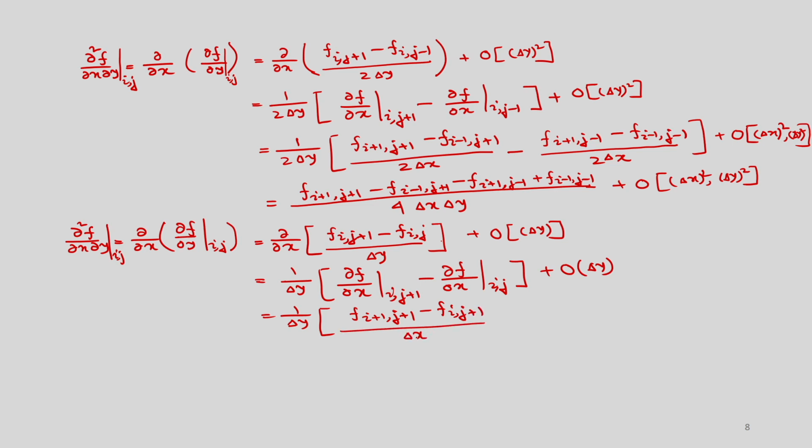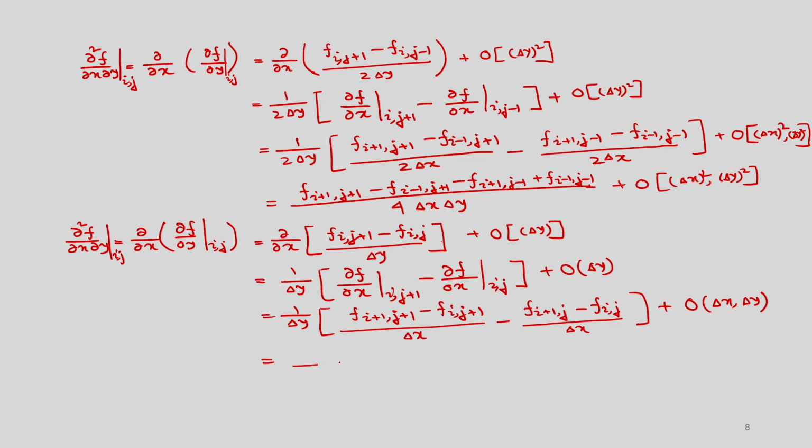And what is the order of accuracy? Obviously, order of Δx, and you will get here f(i+1, j) minus f(i, j). This is also forward difference, so Δx. So, the order of accuracy is ΔxΔy. Okay.